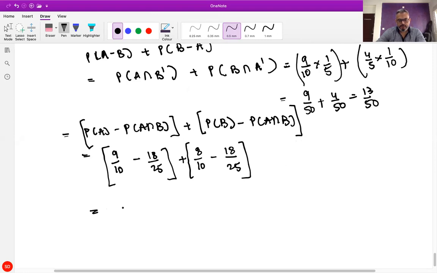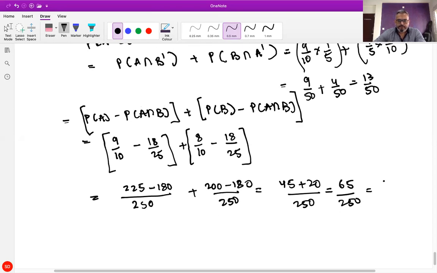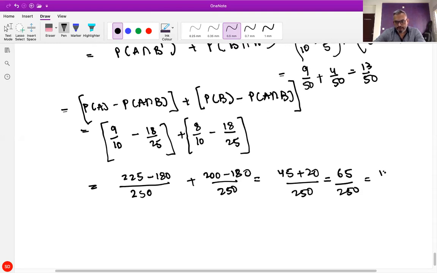We can solve this. So the LCM will come to 250. 9 into 25 is 225 minus 180 plus 8 into 25 is 200 minus 180 by 250, which is equal to 45 plus 20 by 250, which is equal to 65 by 250, which is 13 by 50.